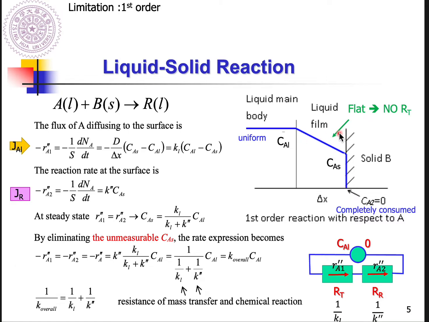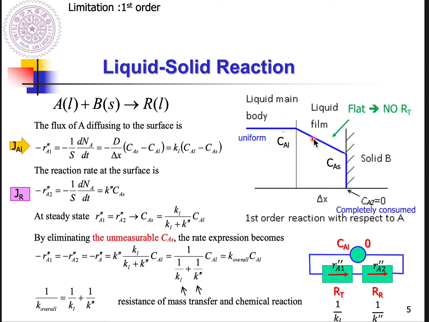And here I remark that, because liquid A is diffused through the liquid film, it obeys Fick's first law. We assume it obeys Fick's first law, so the concentration will decrease with the distance.